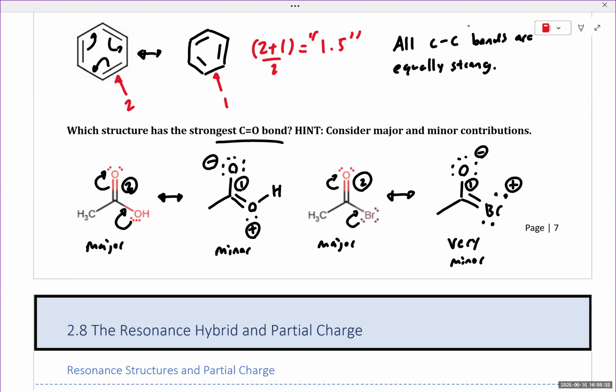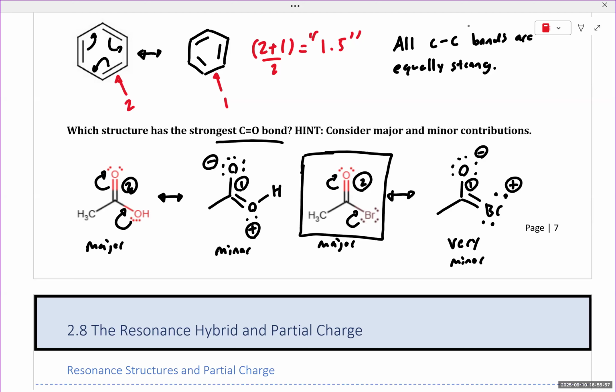Because this structure with a positive charge on bromine is very minor, in turn, what this tells us is this carbon-oxygen bond in this structure here is going to be stronger.